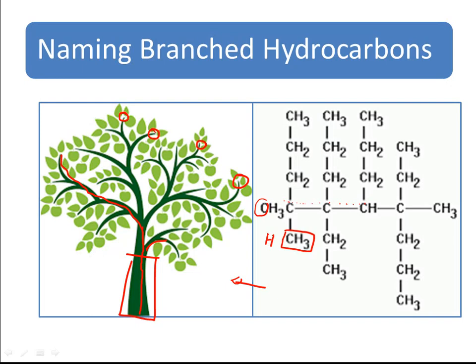For us to avoid this ambiguity, where everyone is coming up with an opinion of what they think the main stem of this tree is, we establish a rule that the stem is going to be from the base of the tree to the tip where we have got the longest distance.